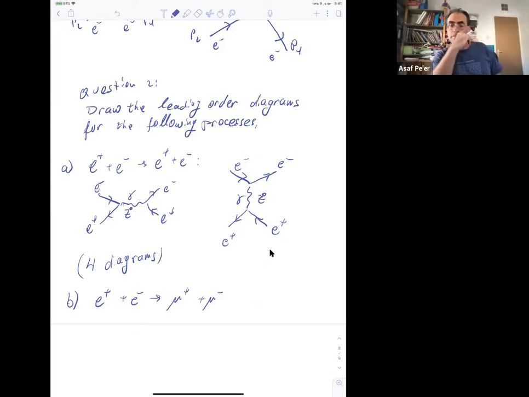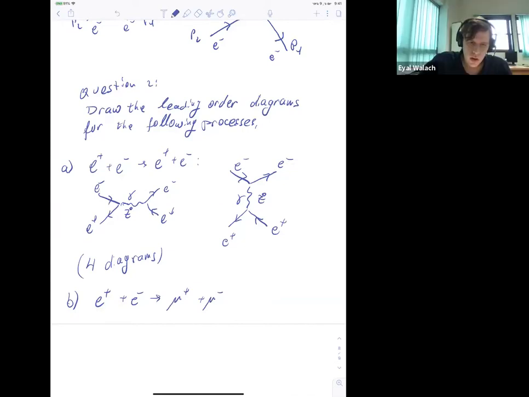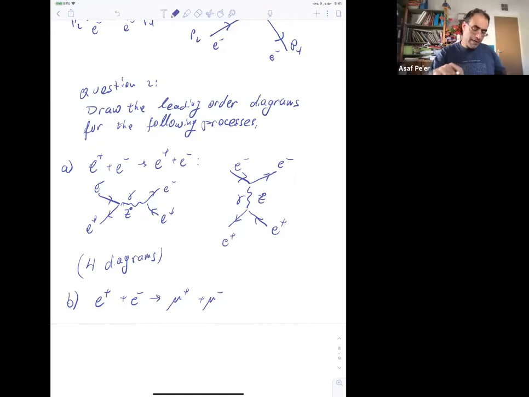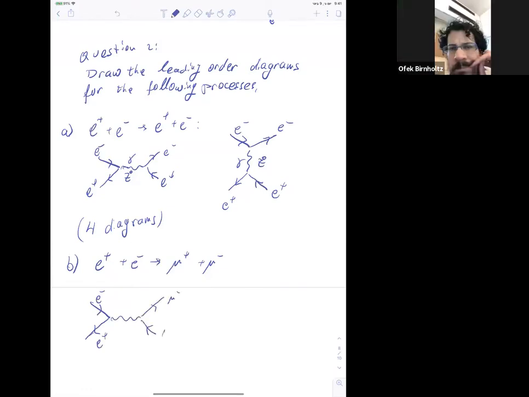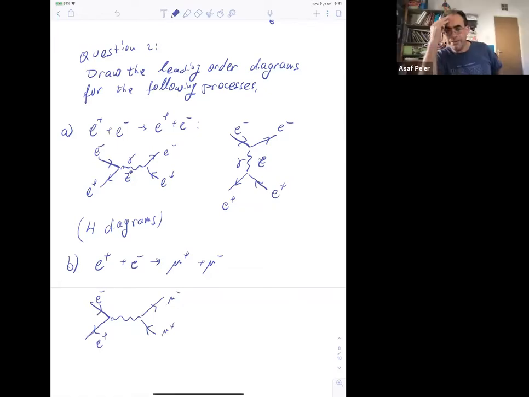Why not? We allow only for S processes. Very good. For the S channel, there is no problem, it's actually the same: e-, e+, and then we have a mu- and mu+. So we have two such diagrams, gamma and Z, in the S channel.